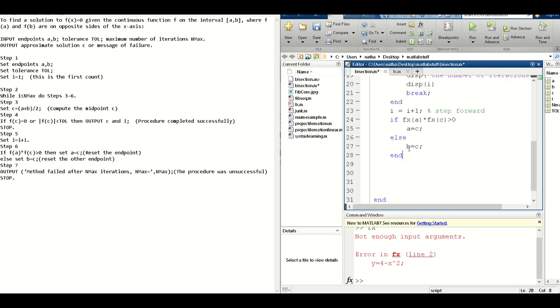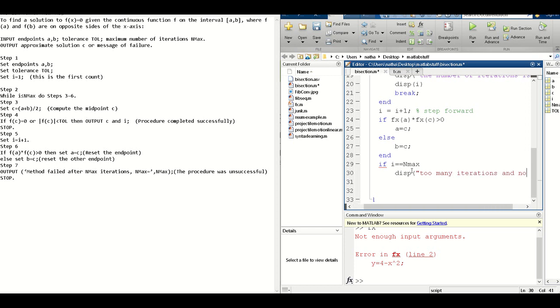Now, step 7 says, hey, if we've been running a long time, we've cut this thing up, we're not getting an answer, something's wrong. Okay, so if I equals n max, the one equals means I'm assigning it, but two equals means I'm comparing. If this number and this number are exactly the same, I need to display an error like too many iterations and no solution found, right?